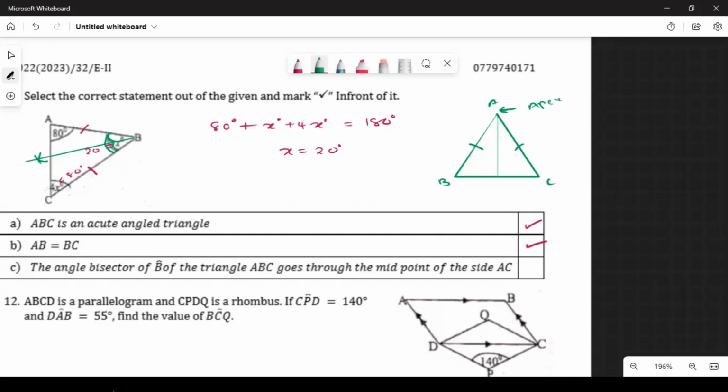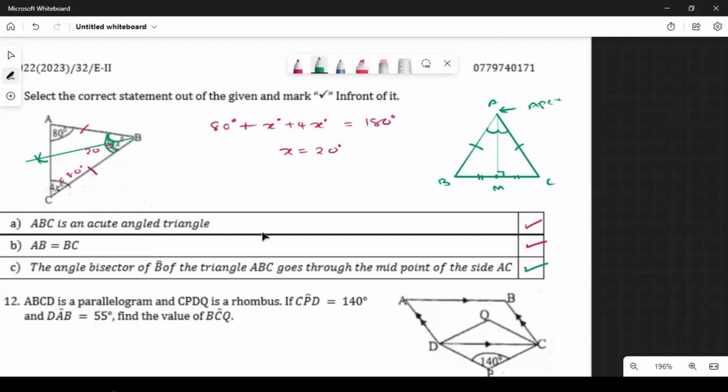From the apex, if you draw a straight line segment to the midpoint of the opposite side, it is perpendicular to that opposite side. At the same time, it will bisect this apex angle. Bisect means divides into two equal parts. In other words, if you draw the bisector of the apex angle, it will go across the midpoint of the opposite side. That's a theorem. So according to that theorem, this one is true.